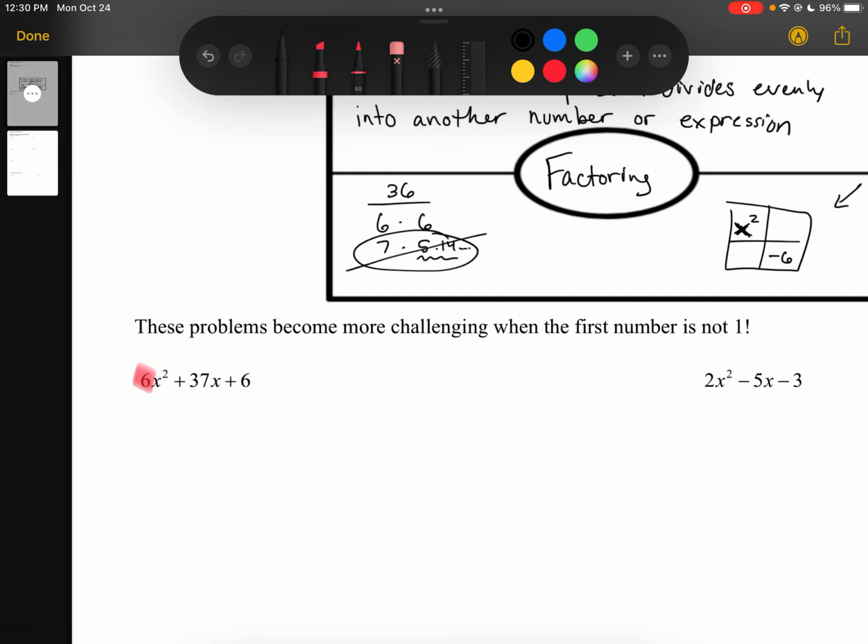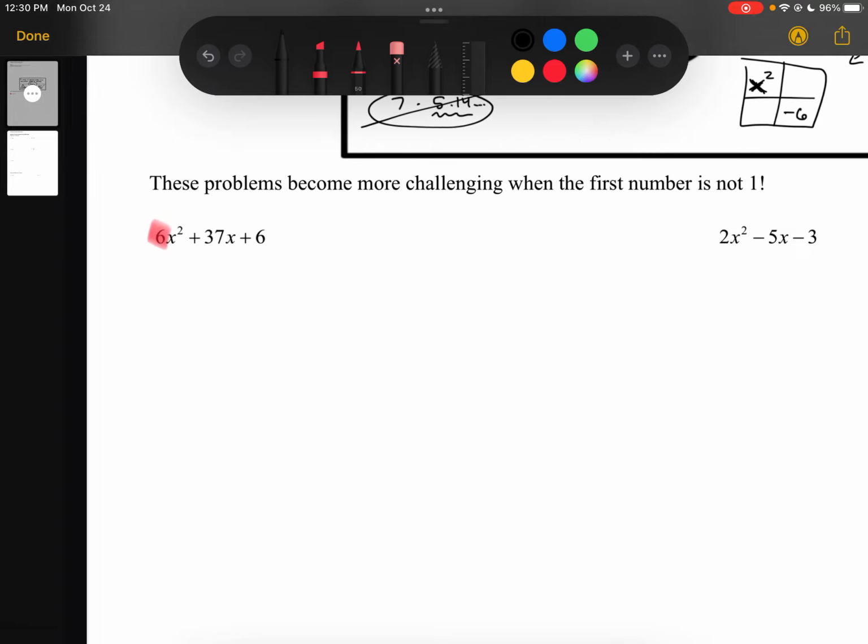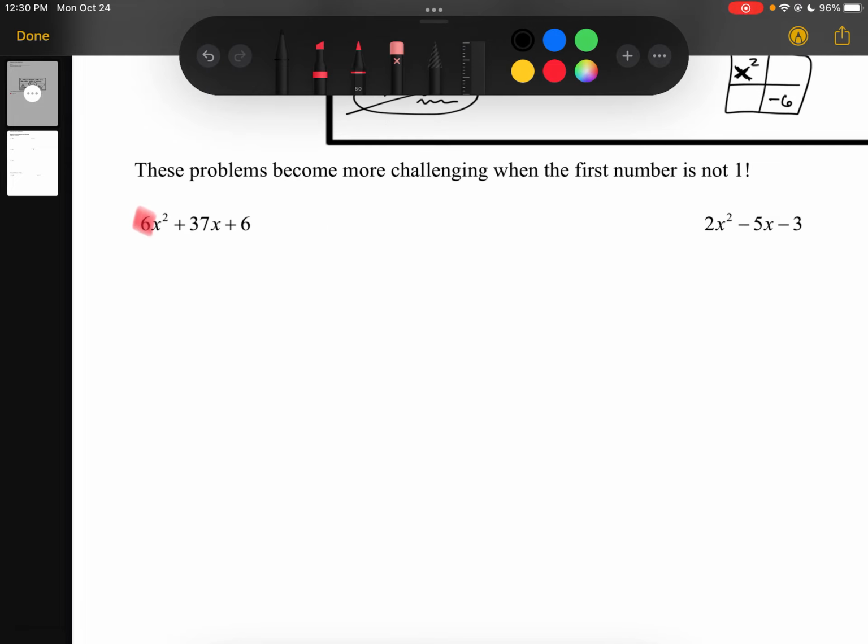When this happens, we have a new method to bring to the table. If we use this method and follow these steps, it should work for us every time. This is the X method of factoring. The first thing we do is take our first and our last terms and multiply them. So we'll do 6 times 6 here to get 36.